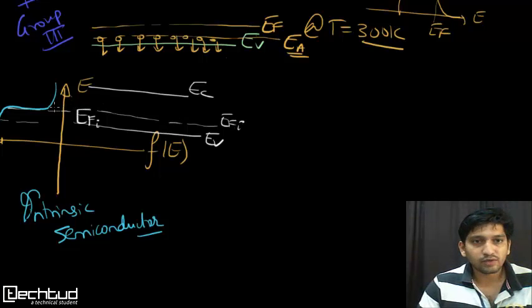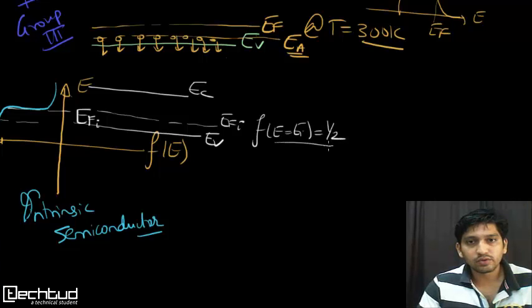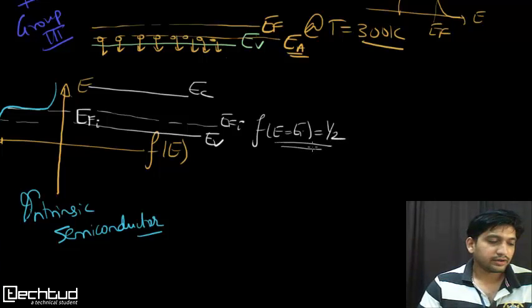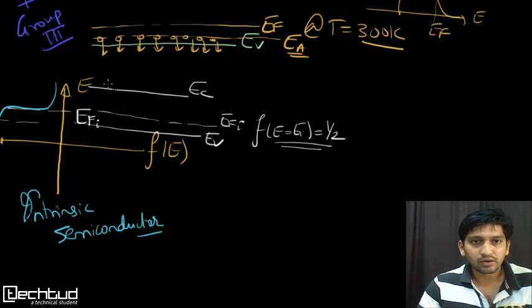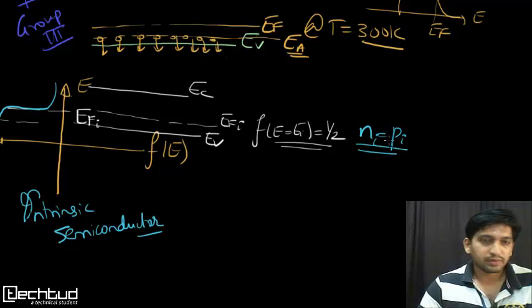The probability of finding an electron at energy level EI is nothing but 1 by 2. This is for an intrinsic semiconductor. So the electron concentration will be equal to the hole concentration, so Ni will be equal to Pi.